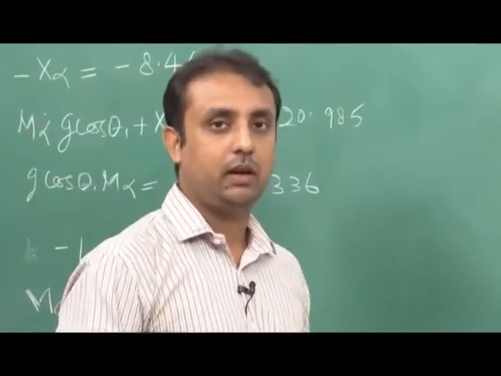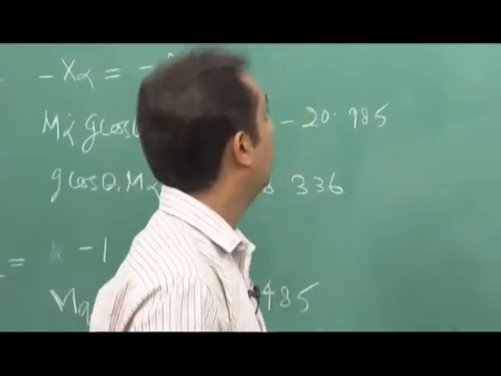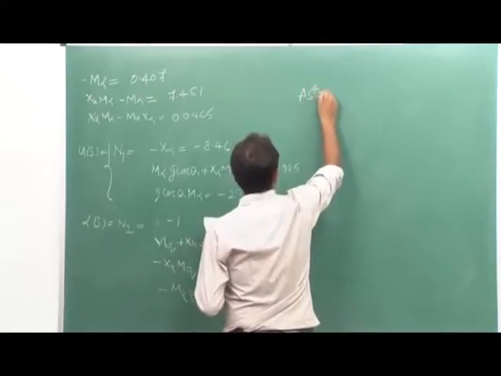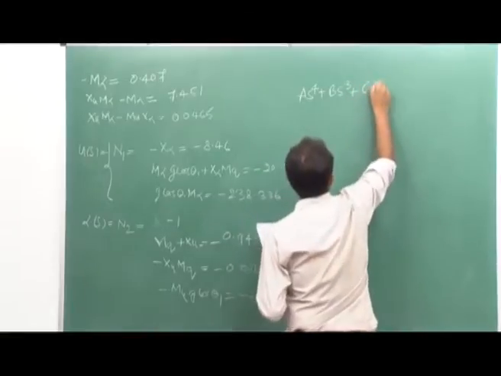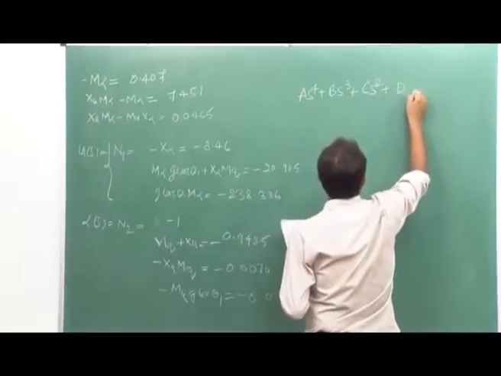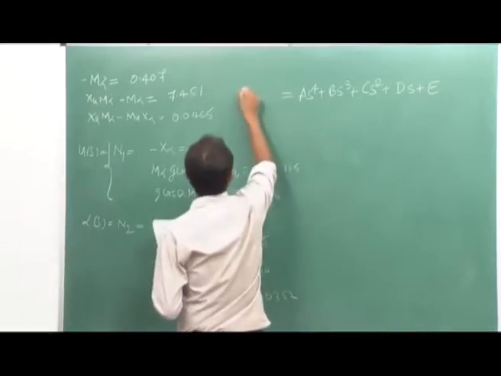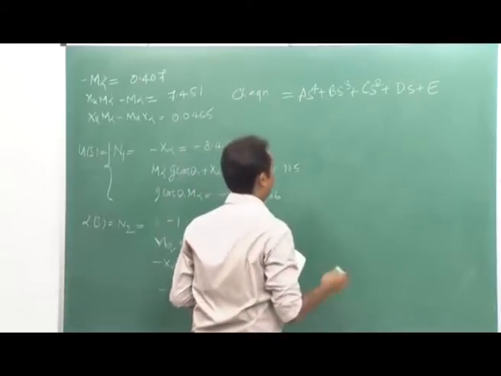which we already derived while we were studying transfer function, which came in the form of A s to the power 4 plus B s cube plus C s square plus D s plus E. This was the characteristic equation of my longitudinal equation of motion.